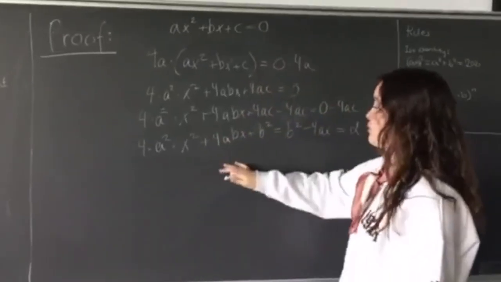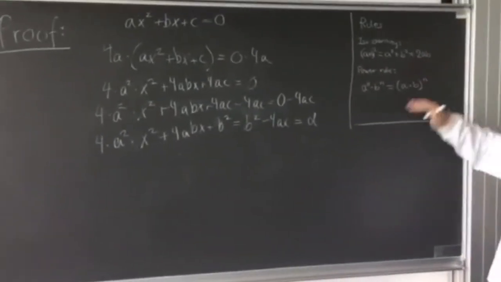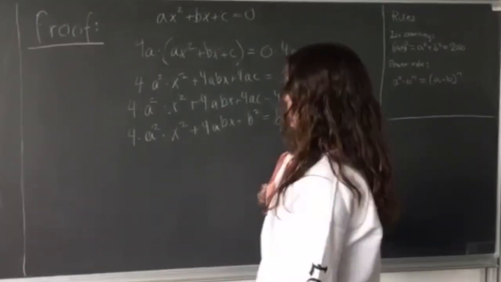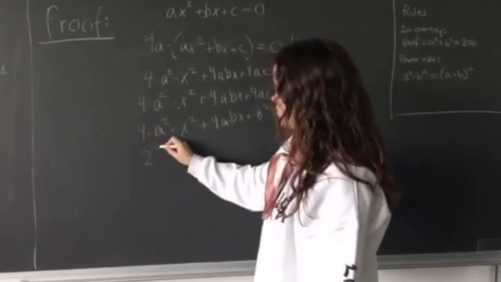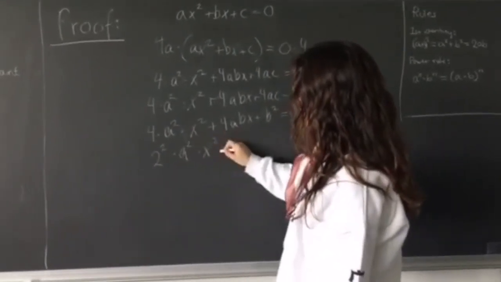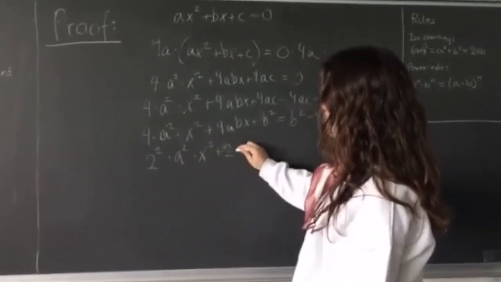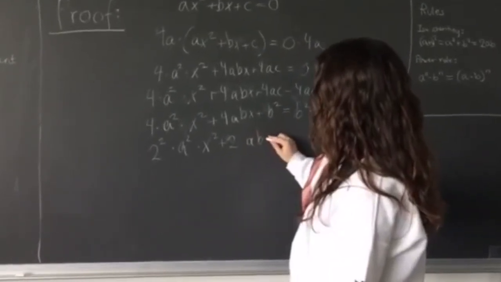And now where we have this, we will use our rule of the first identity on this bit right here. In order to do that, we will have to rewrite this a little bit. So instead we'll go 2 squared times a squared times x squared. And this, instead of writing 4, we'll say 2 times a times b.